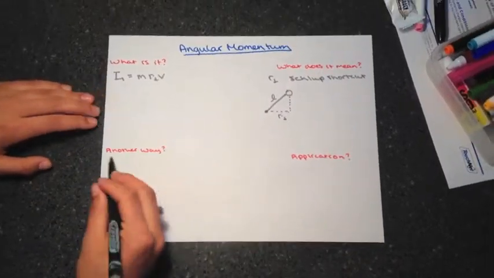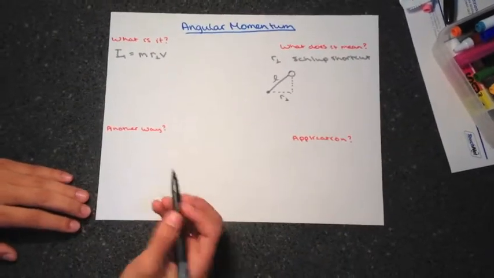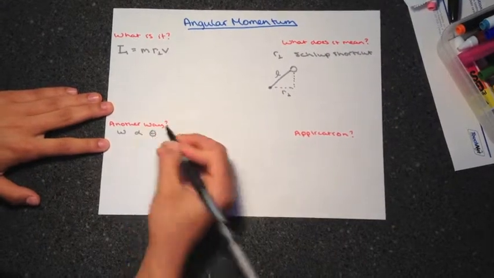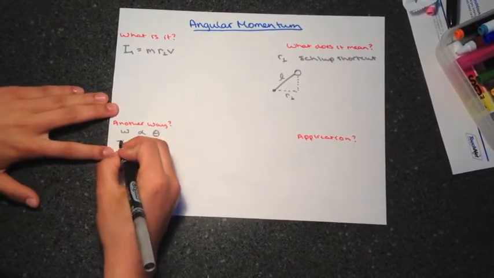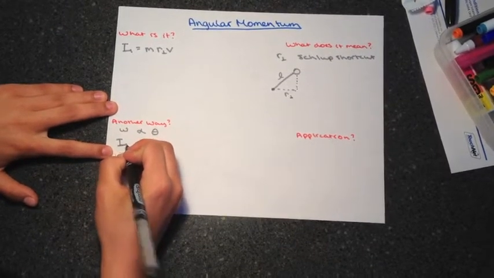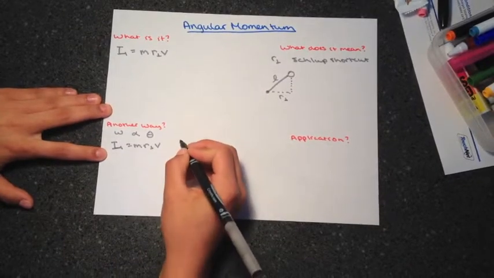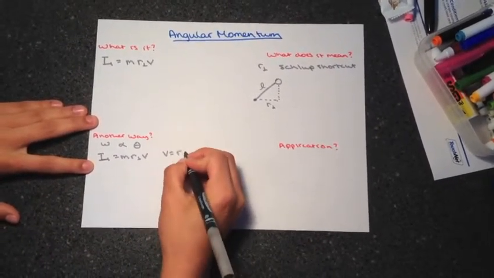So what is a better way to use this whenever we're dealing with terms such as omega and alpha and theta? Let's start off with L equal to m r perp v. We know that our bridge equation for v is equal to r omega.